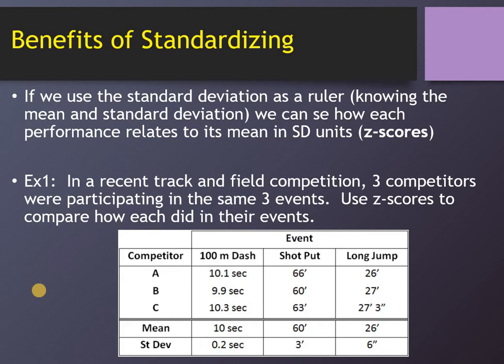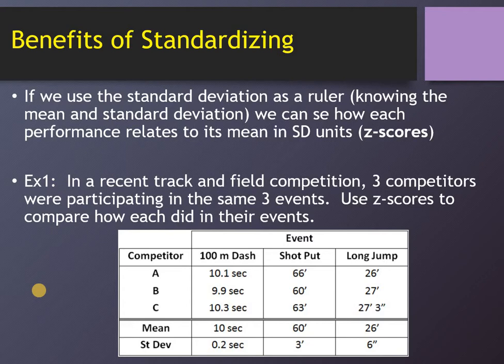And what you're going to do is look at how your score compares to each of these. So what I want you to do, this is in your notes, for each of these, I want you to calculate their z-scores.